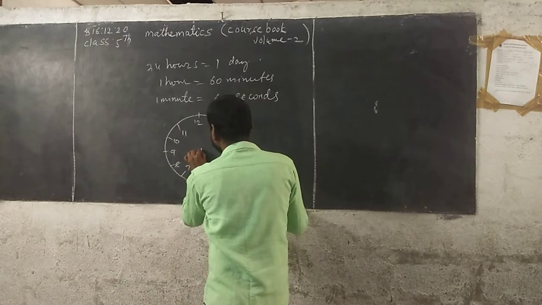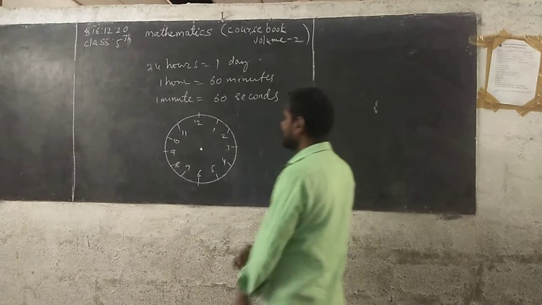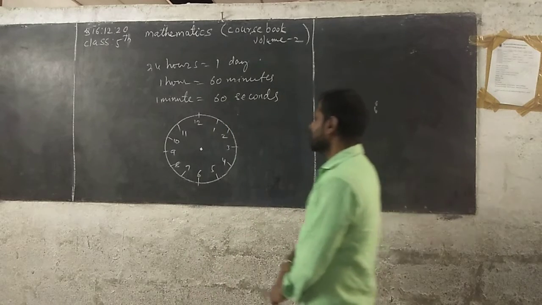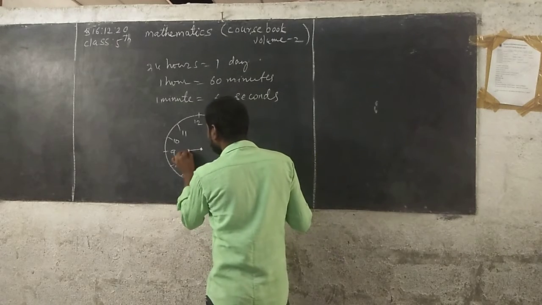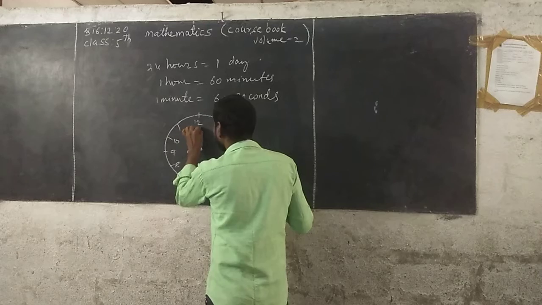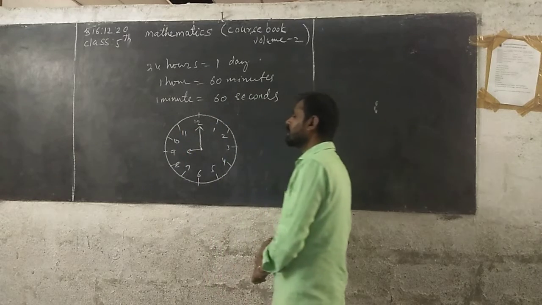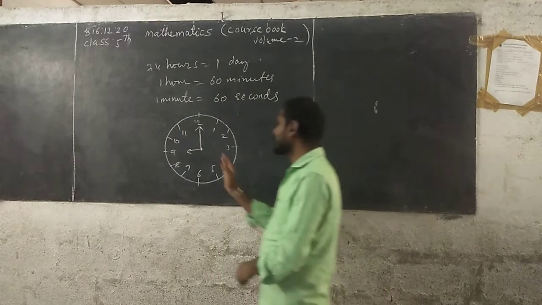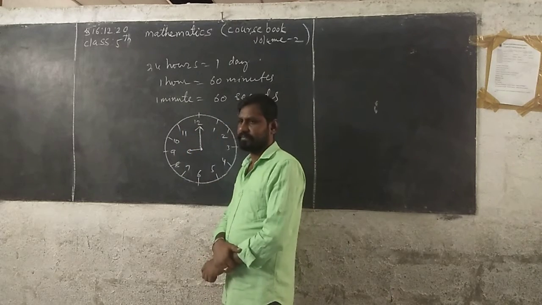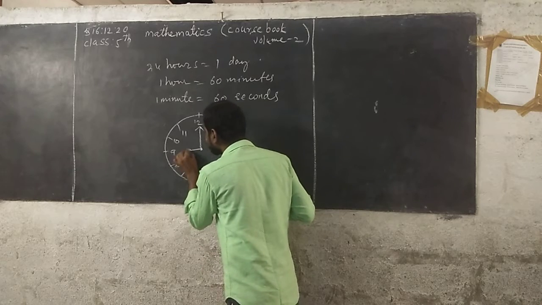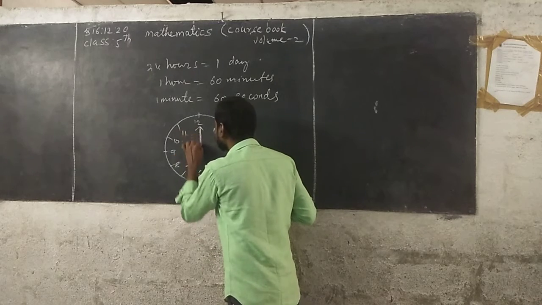See here. In a clock, you can see 2 hands. One is the short hand and another one is the long hand.